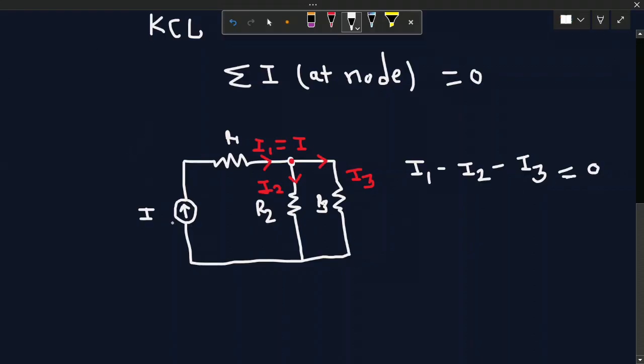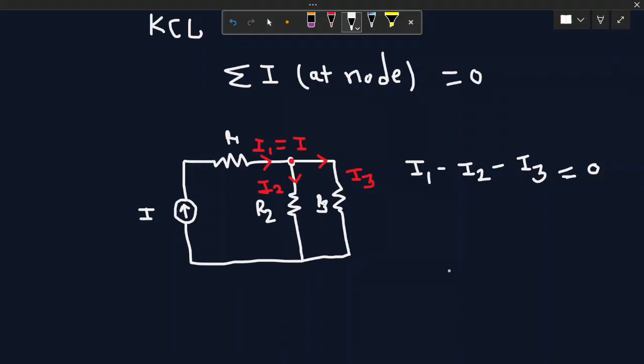So what I did, those currents coming towards the junction are positive, and those currents leaving from the junction, going away from the junction, are negative. So I1 minus I2 minus I3, that is nothing but the summation of the current at the junction or node. This is equal to 0. This is nothing but the KCL.